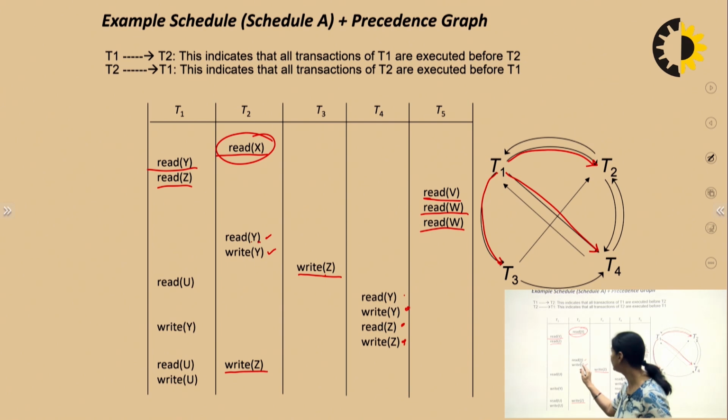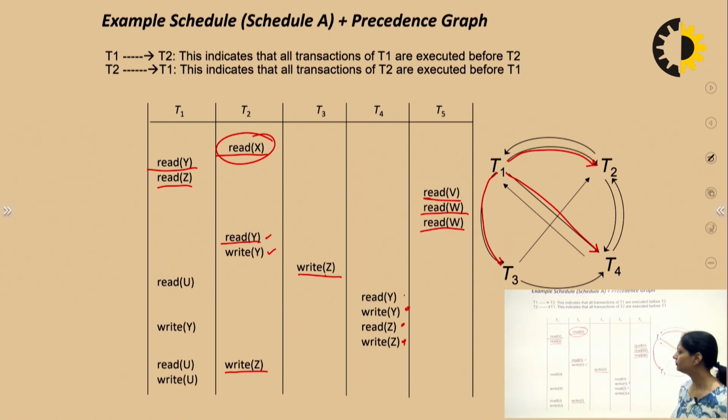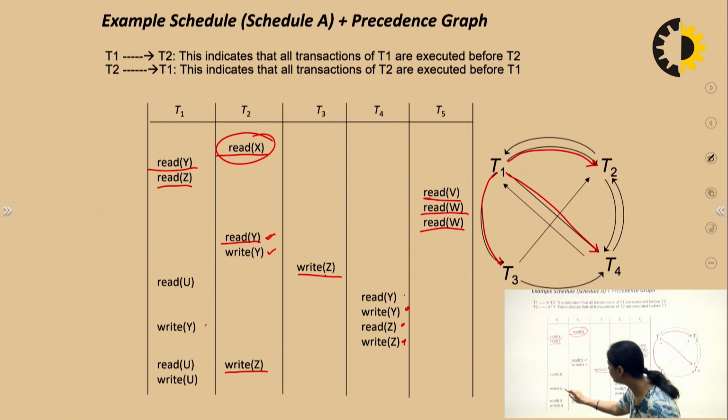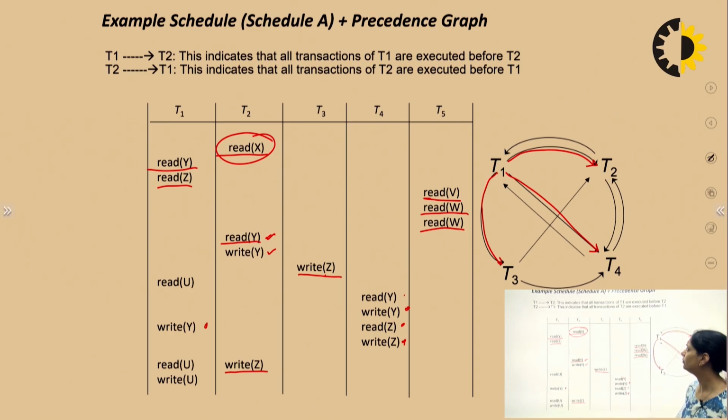Moving on to read Y, we have read Y conflicting with write Y over here. So we'll have one edge moving from T2 to T1. This read Y does not conflict with T3, but this read Y conflicts with write Y over here. Read will not conflict, but read-write will conflict.